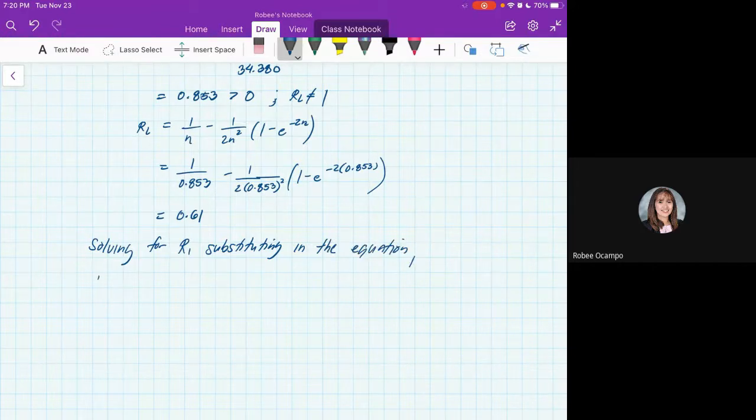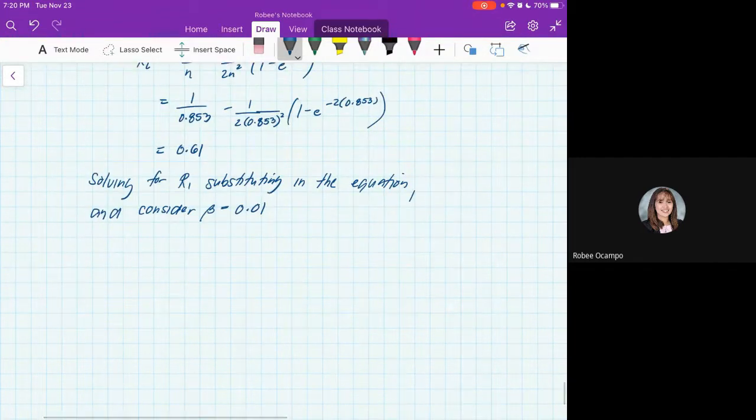And of course, considering that beta is equal to 0.01.